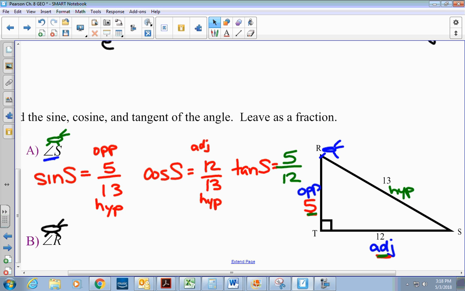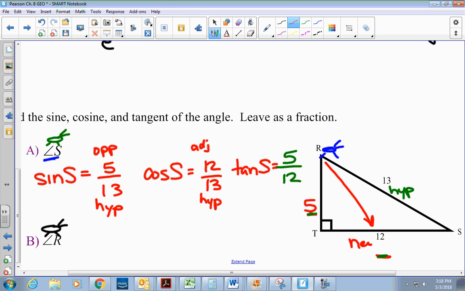Hypotenuse is the king. He stays the same. But which side is opposite our flea now that he's on R? This guy over here. So this becomes the new opposite.